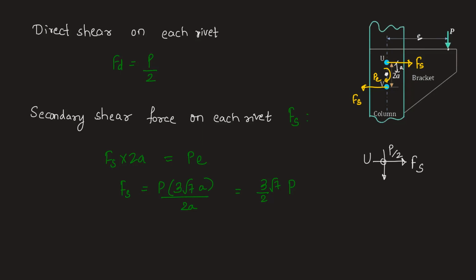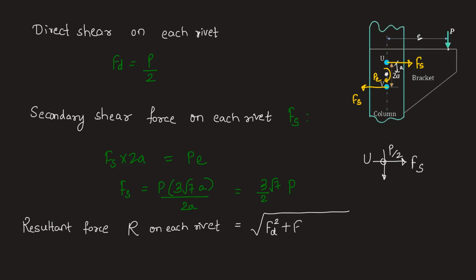So to calculate the resultant force on each rivet, let it be R. Now this standard formula you must know. It is under root of the square of the direct shear force Fd squared plus the square of the secondary shear force Fs squared plus 2 times Fd into Fs into cos theta.